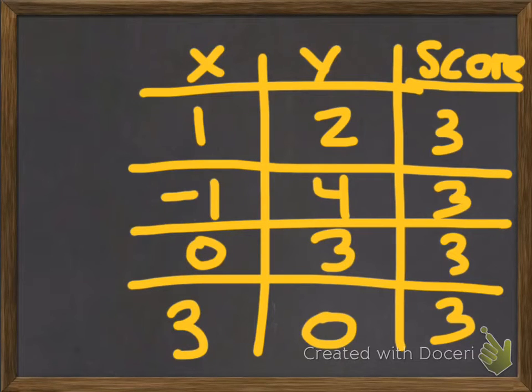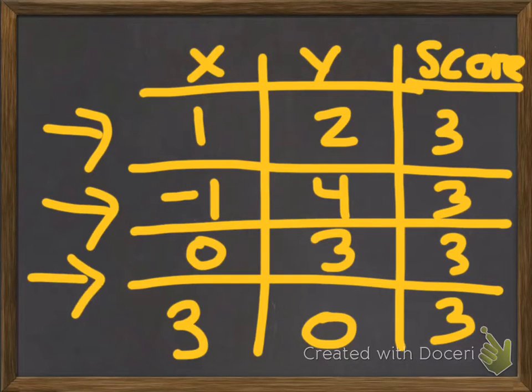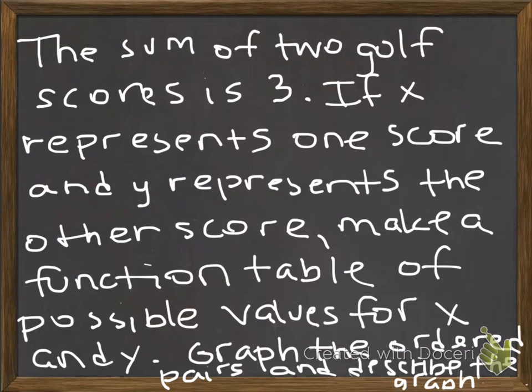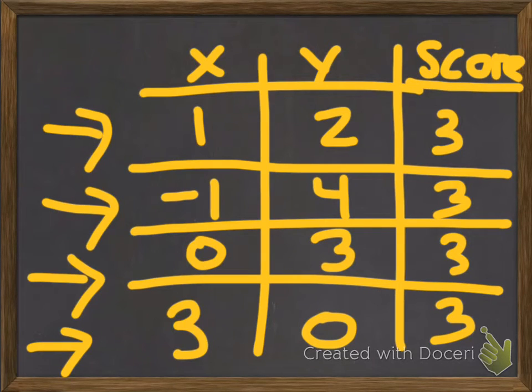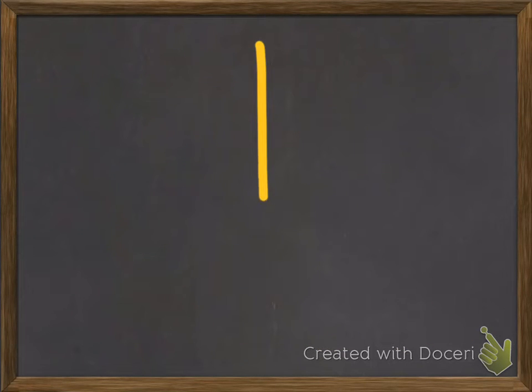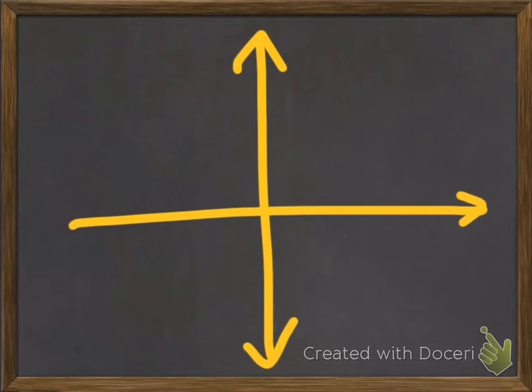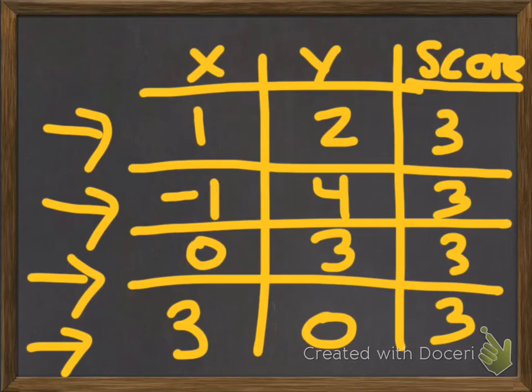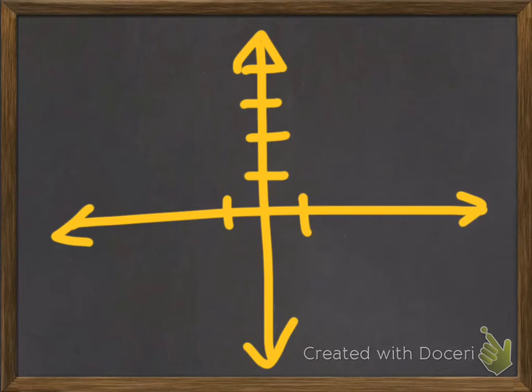So what we're going to do is graph. For the first one, you graph (1, 2), you graph (-1, 4), (0, 3), and (3, 0). Let's see, did it say a certain amount of values? No, but let's just keep it with 4. And we're going to graph these 4 ordered pairs then. So we have (1, 2), (-1, 4), (0, 3), and (3, 0).